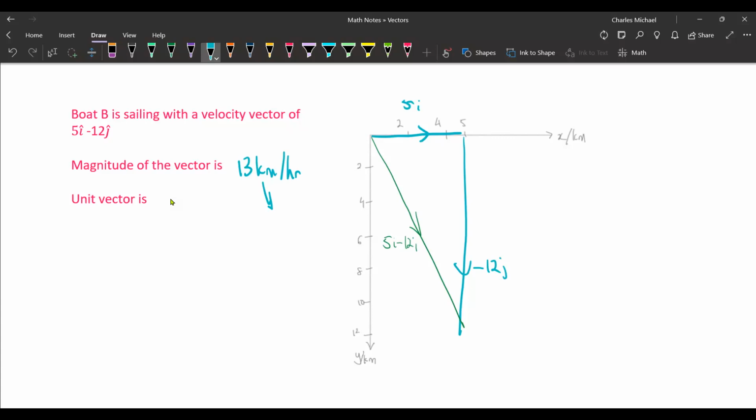And the unit vector for boat B is 5i minus 12j, the whole thing divided by 13.